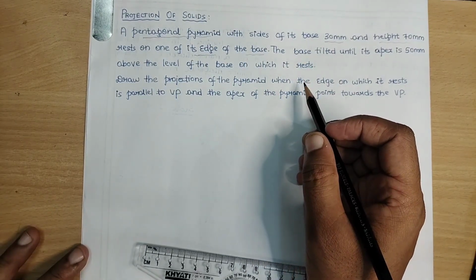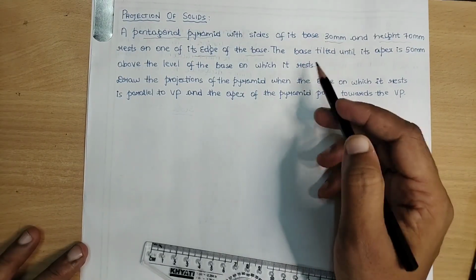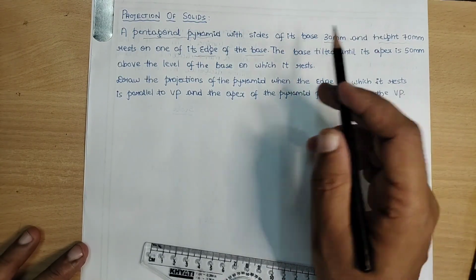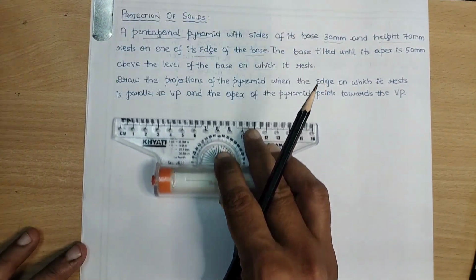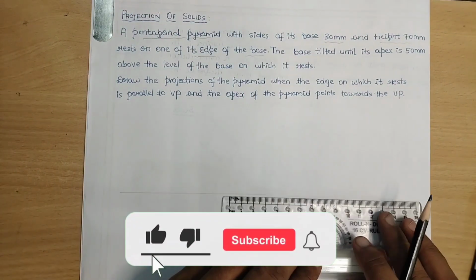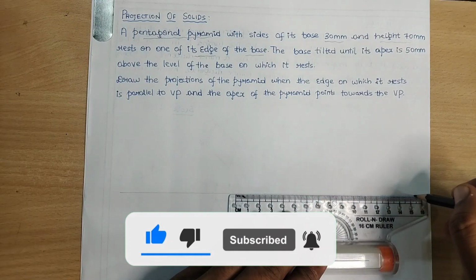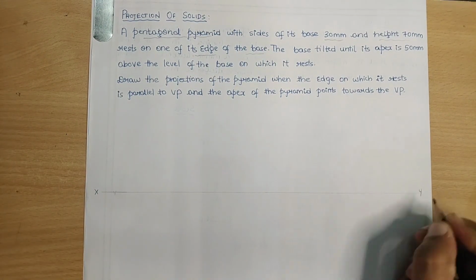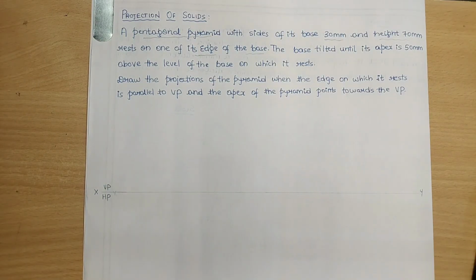Now let us construct the XY line, followed by a pentagonal pyramid resting on its edge, 30 mm is the dimension, followed by height equal to 70 mm. I will call this line the XY line, with VP and HP indicating first angle projection.